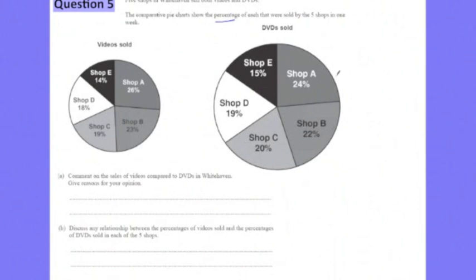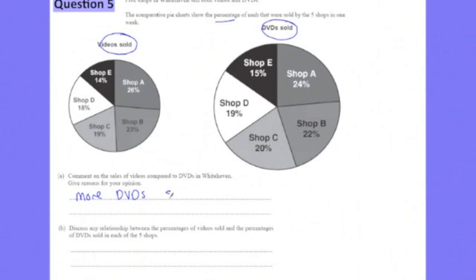This pie chart is bigger. The number of DVDs being sold is bigger than the number of videos. So there are more DVDs. We're not comparing against the shops here. We're saying compare videos with DVDs. More DVDs. Why?